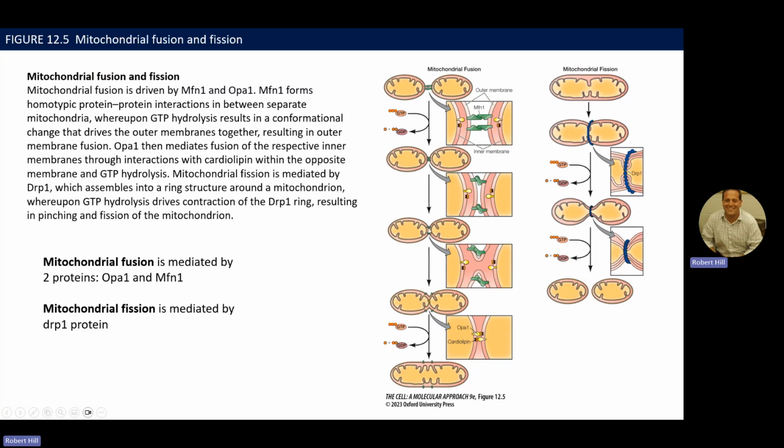They bind, the inner membrane breaks down between the MFN1 proteins, and then the inner membranes containing the cardiolipin fuse together, and now you have one mitochondria. The fission event involves this signaling molecule called DRP1, which when it activates, forms a cohesive ring that wraps around the mitochondria and pinches it so that it breaks apart.